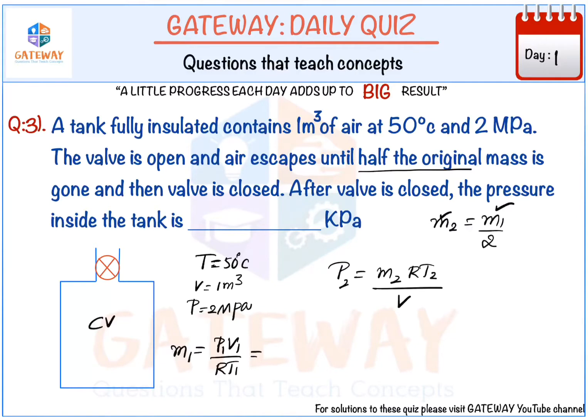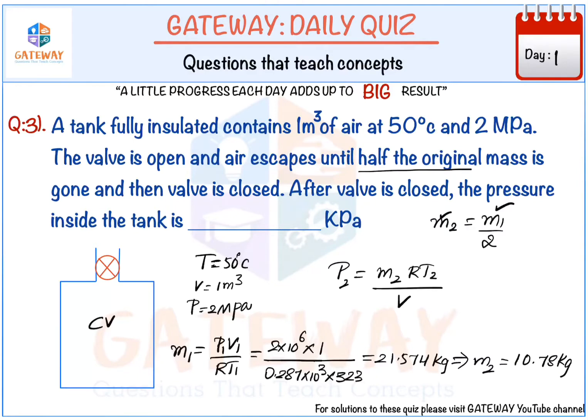P1 is 2 megapascal, so 2 into 10 power 6, into volume 1 meter cube, upon R which is 0.287 into 10 power 3, into the temperature 50 degrees centigrade, which is 323 Kelvin. From this we'll get the value of m1 as 21.574 kg.